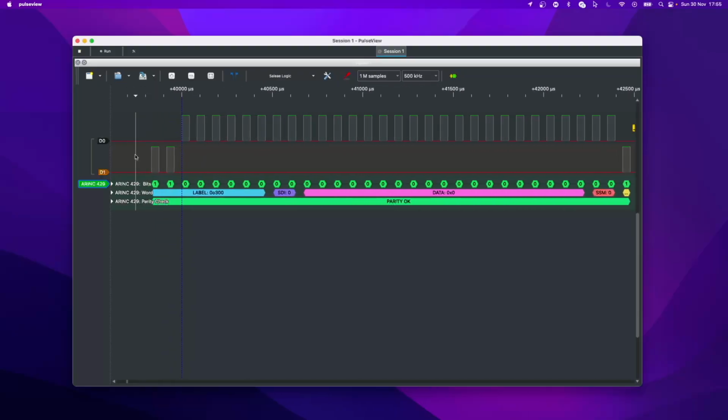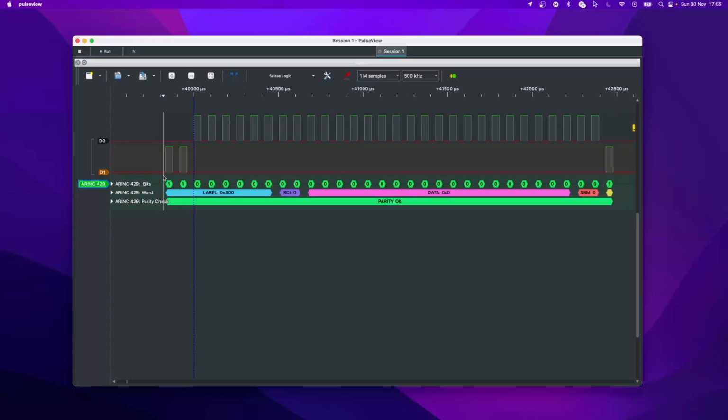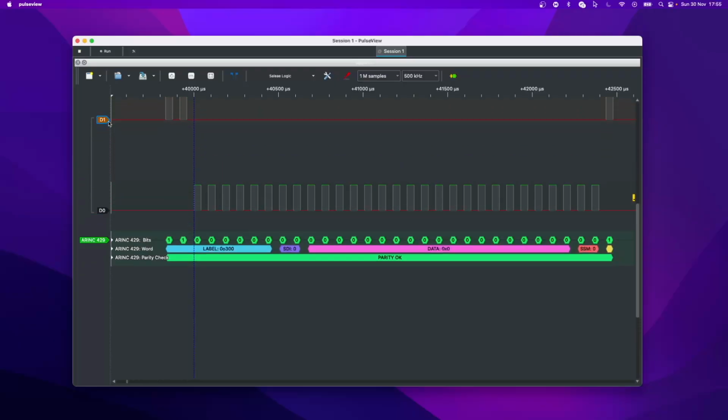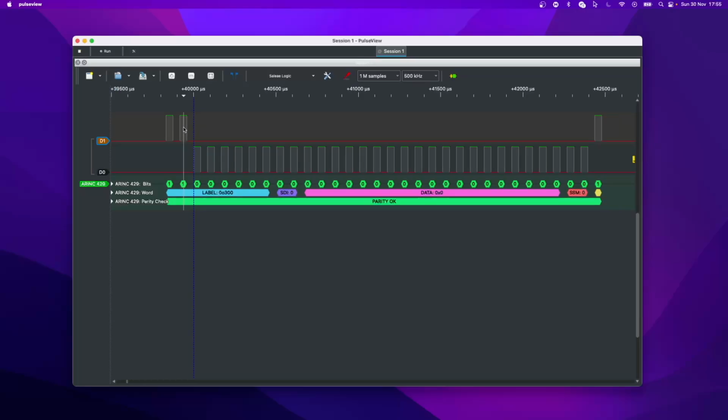If we look closely, we see that the decoder worked. We have the bits, so the decoder interprets the D1 bits as the 1s and the D0 bits as the 0s. Maybe if I put this in this way, it's easier to see.